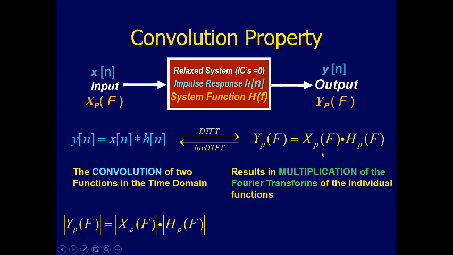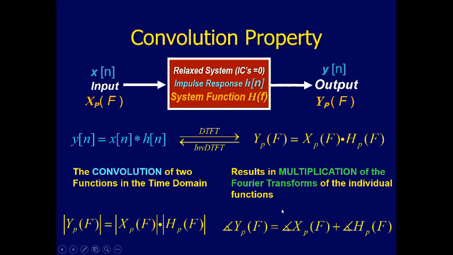Now, remembering though that these are two complex functions, that multiplication implies for the magnitude of the output signal, it's going to be the product of the magnitudes of x and the magnitude of h, and the phase angle of the complex Fourier transform of the output signal is going to be the sum of the angle of x added to the angle of h.